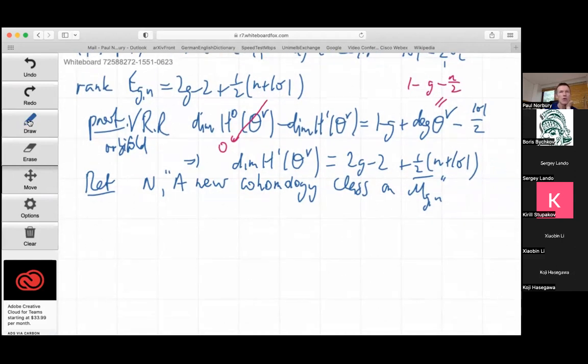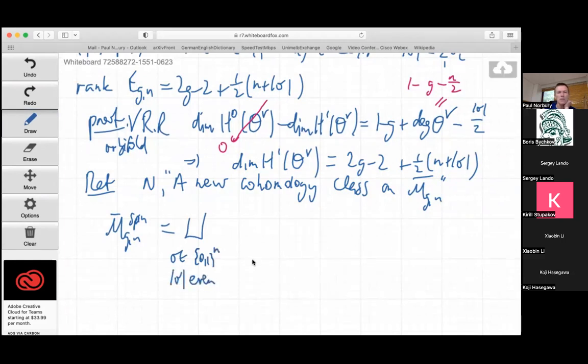So what we're seeing here is that M_g,n spin has different connected components, indexed by sigma in {0,1}^n such that the modulus of sigma is even. I didn't have to put this condition there, it'll just mean that some of the components will be empty. So these are different connected components.